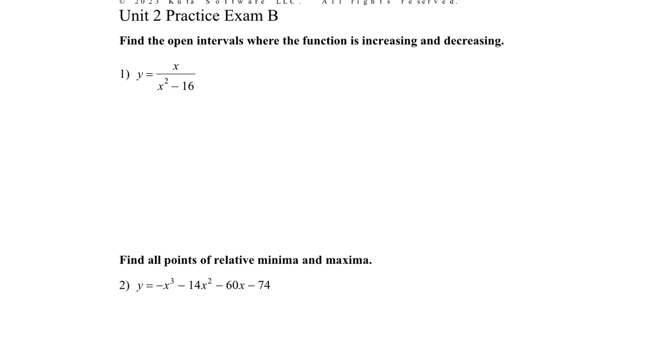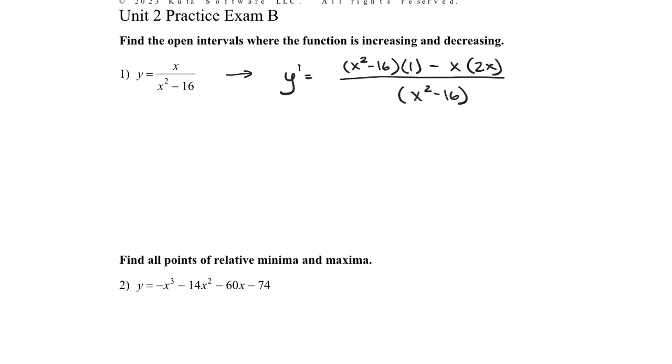So this is a quotient, we're going to use the quotient rule to find y prime. So bottom function multiplied by the derivative of the top function minus the top function multiplied by the derivative of the bottom function, divided by the bottom function squared.